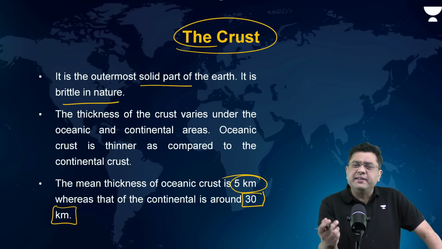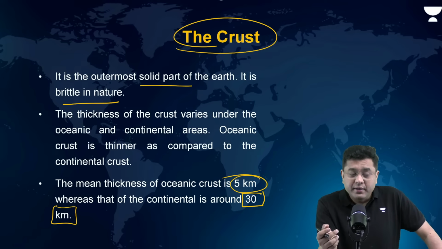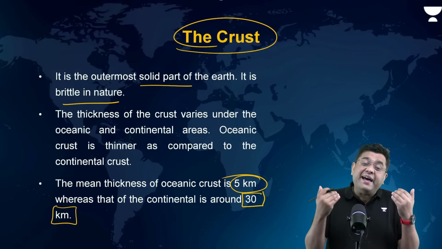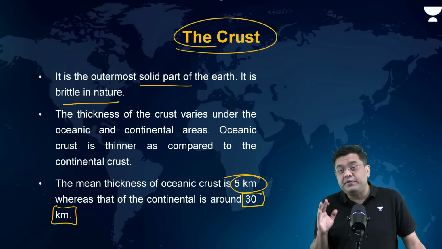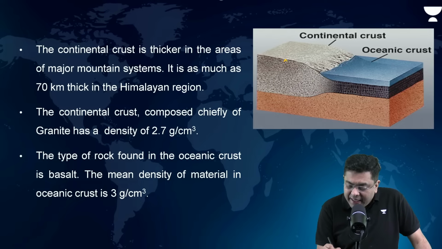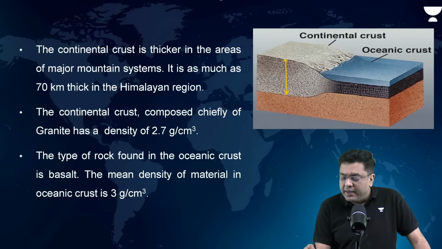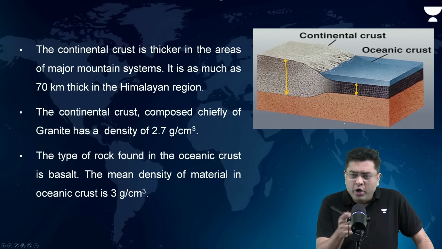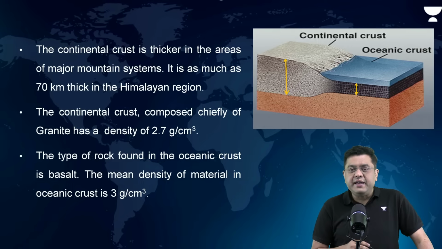In areas such as the region of Himalayas, the crust has been compressed to such an extent that it is as much as 70 kilometers thick. So always continental crust is going to be thicker as compared to the oceanic crust. Oceanic crust is always going to be very, very thin.